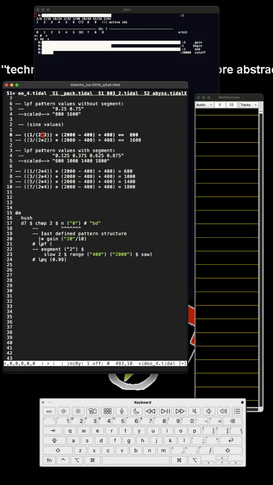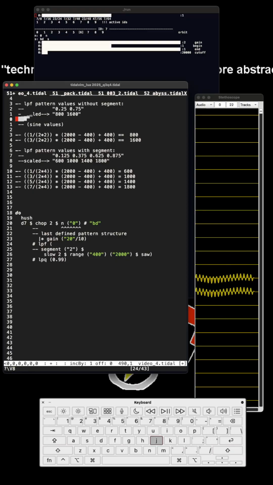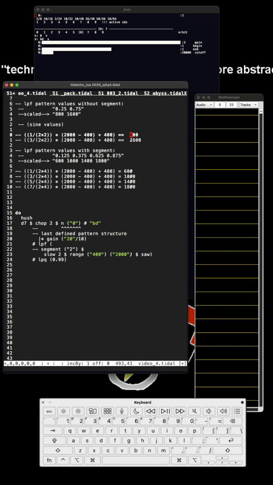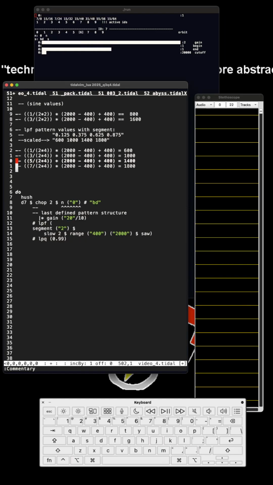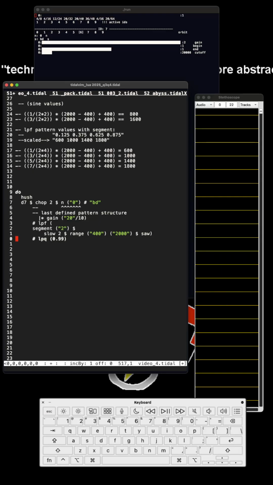So you have 1 over 2 times 2, and scaled between this and this value, you get 800. So the low pass filter for the low events is 800, and the higher low pass filter value is 1600. But with this segment, you get these 4 values: 600, 1000, 1400, and 1800, which do not overlap with these. So it's good to be conscious of that.